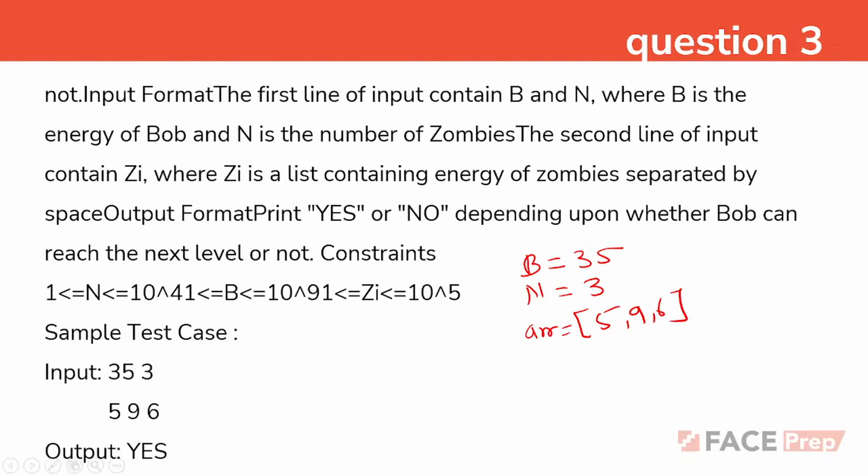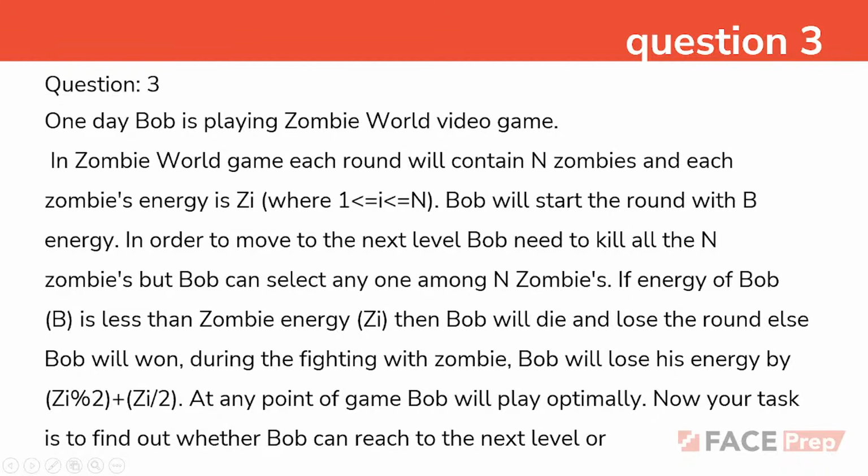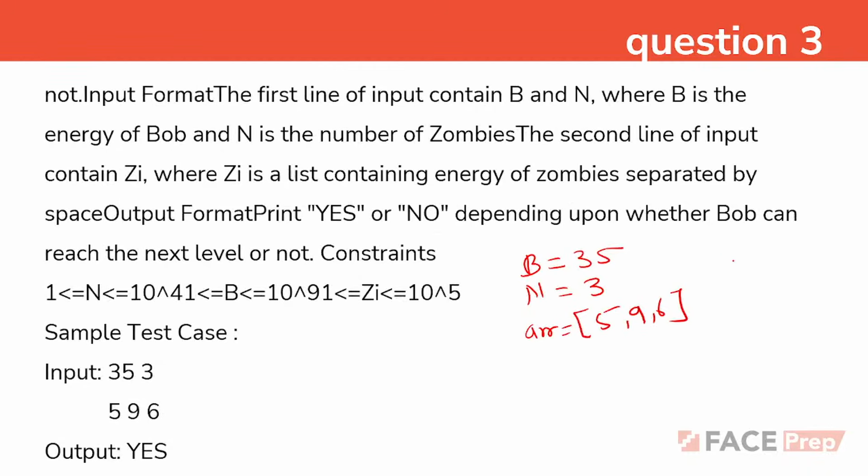They also give one formula: Zi mod 2 plus Zi by 2. So basically Bob is going to lose this much energy each and every time.